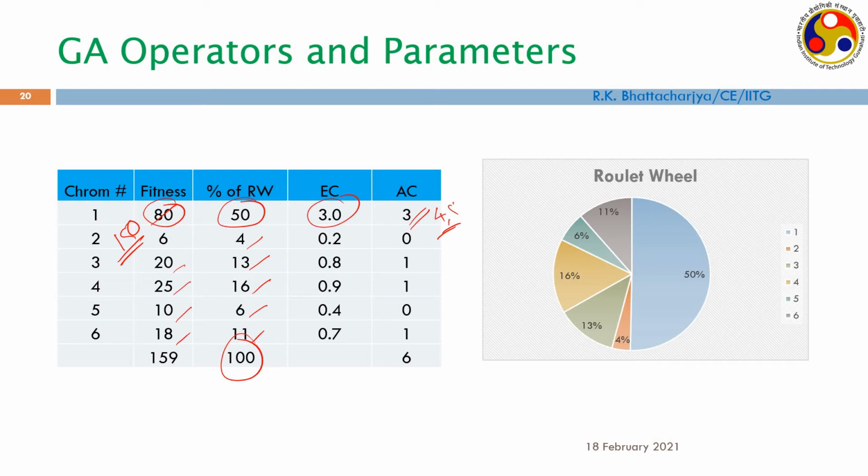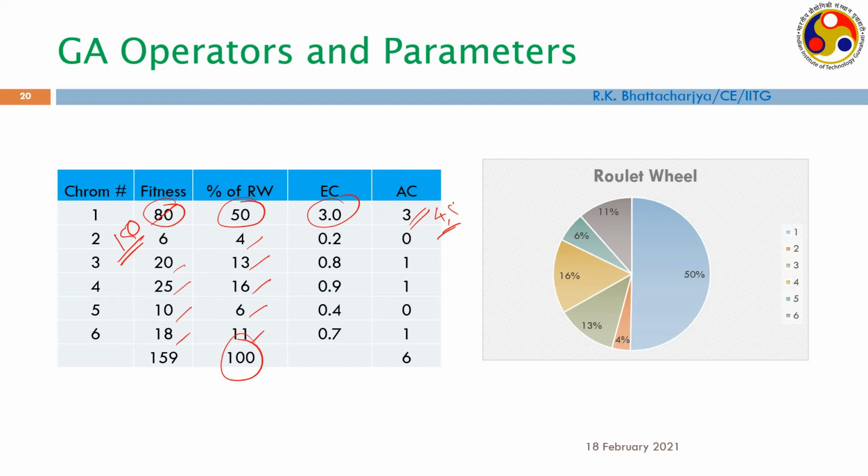It is just like you are increasing the selection pressure, and once you increase the pressure, that will dominate the population. We want diversity in the population, so we want to avoid that. We don't want one particular solution dominating the population.